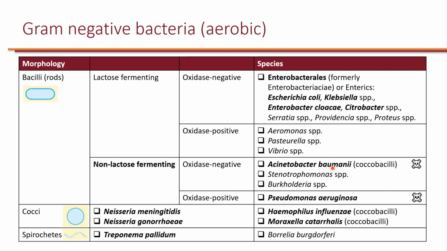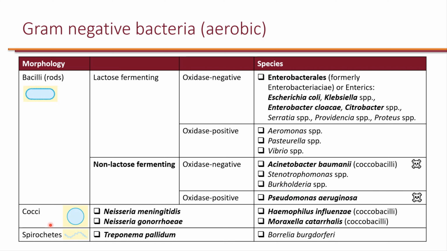And also Acinetobacter baumannii, which is less severe than Pseudomonas but can be more resistant to a lot of antibiotics. And then Stenotrophomonas and Burkholderia can also be very, very resistant, and are typically more common in immunocompromised patients.